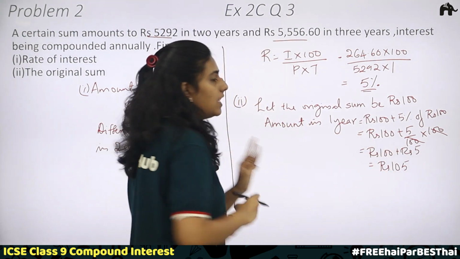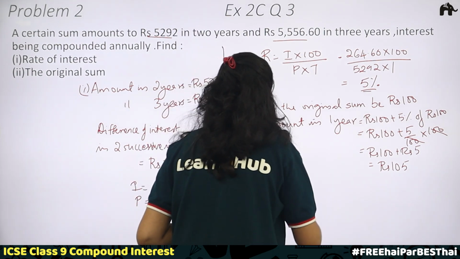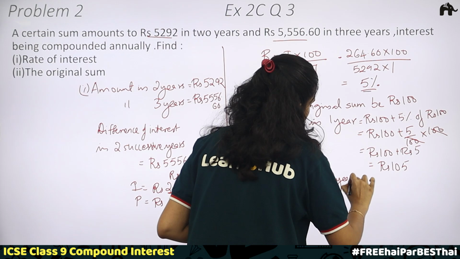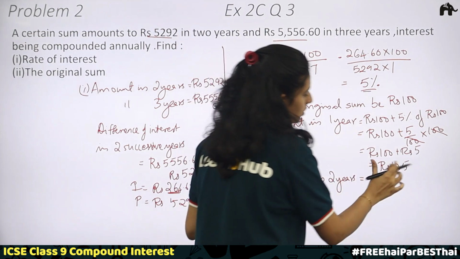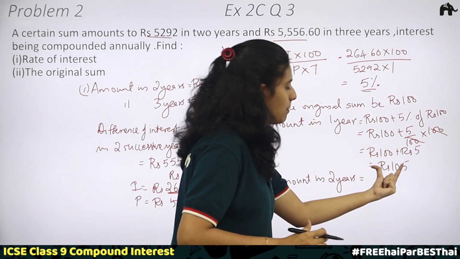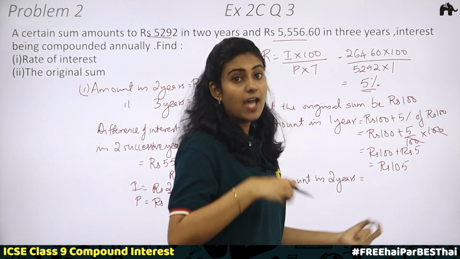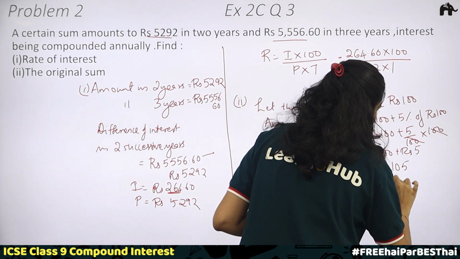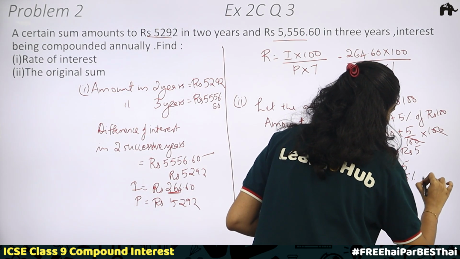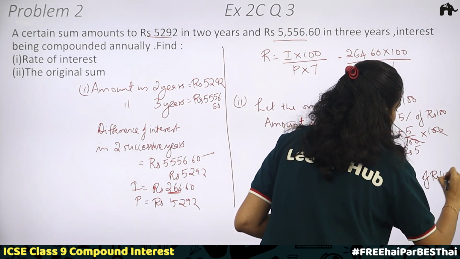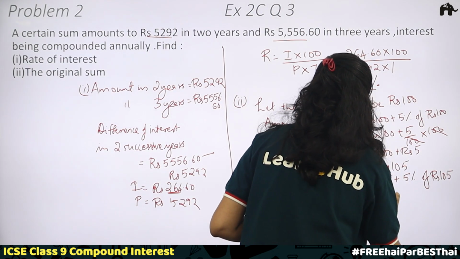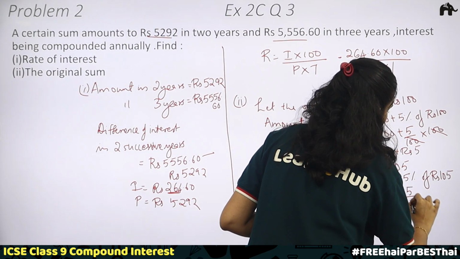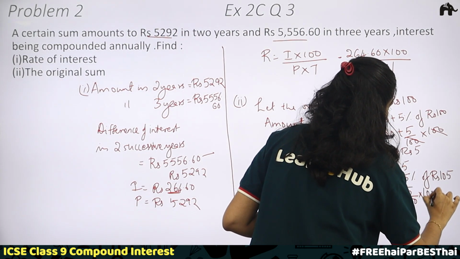Now, similarly, you can find the amount in 2 years. Amount in 2 years will be equal to this principal amount. Now, the principal amount will be rupees 105 and the 5% of 105. Rupees 105 plus 5% of rupees 105, that is equal to rupees 105 plus 5 by 100 into 105.